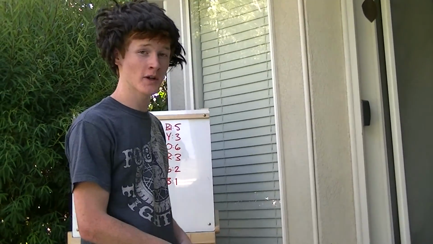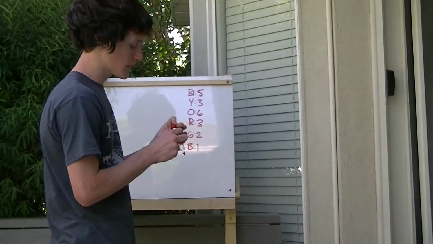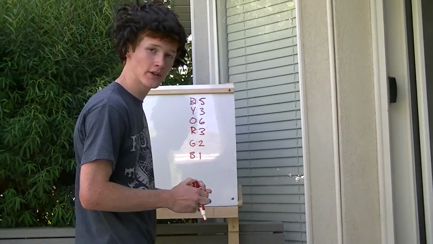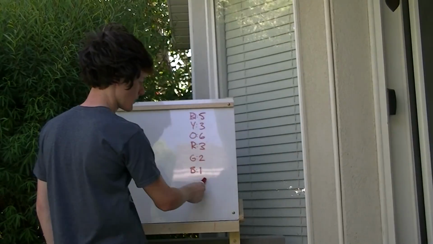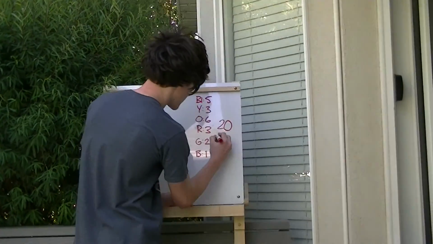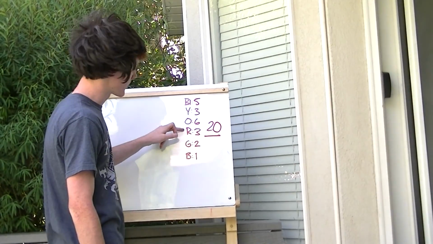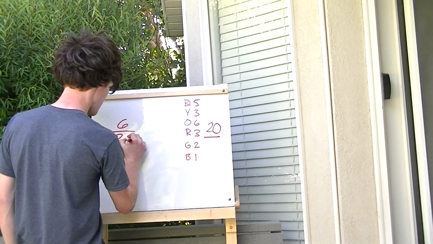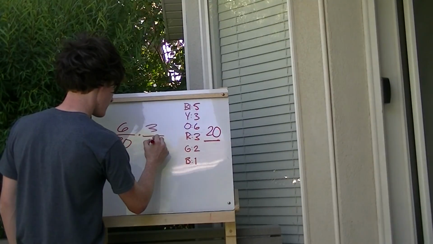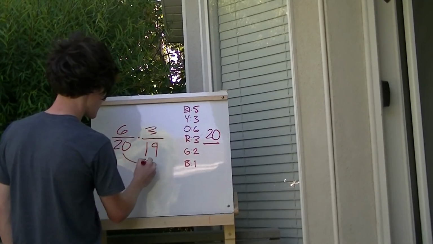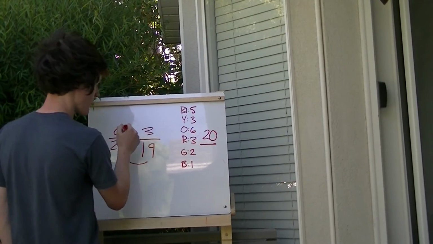We're going to pick 3. We're going to find the probability of picking an orange, then a red. The probability of picking an orange would be 6 over the total number. The total number of M&Ms is 20. We're going to find the probability of picking 1 orange, then 1 red. So you take 6 over 20 times 3 over 19. Because we went down 1 because we had already taken out 1 M&M.